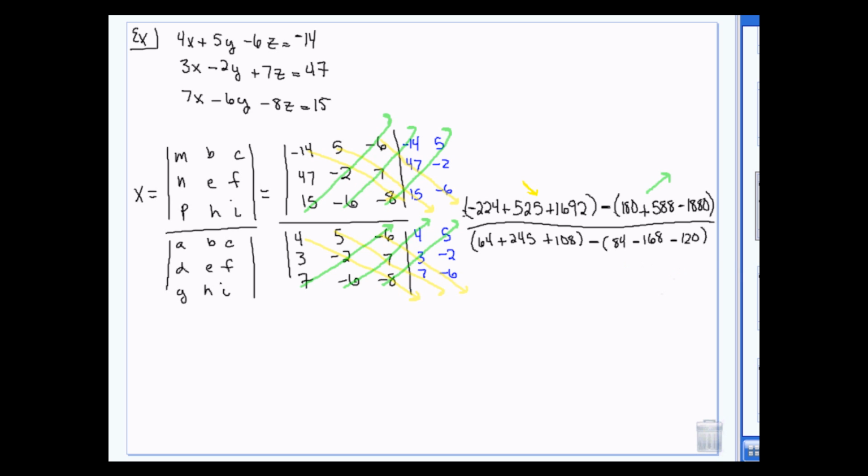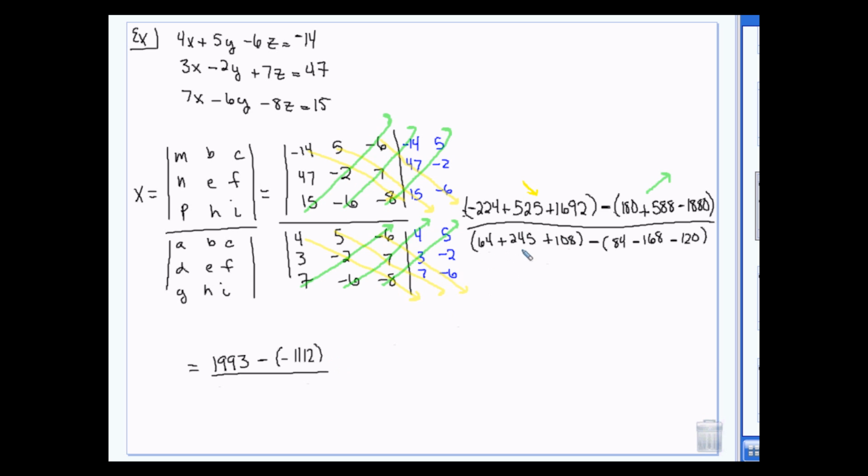Okay. So now I have to add all that up and do subtraction and stuff. So I have, all of this ends up being 1993 minus negative 1112.